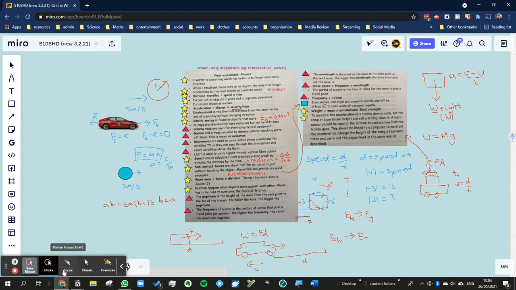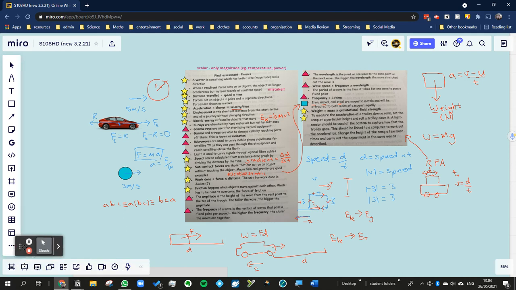Right. In the last video, when I was going through this checklist here, I identified that there were two main topics and then this one outlier here.